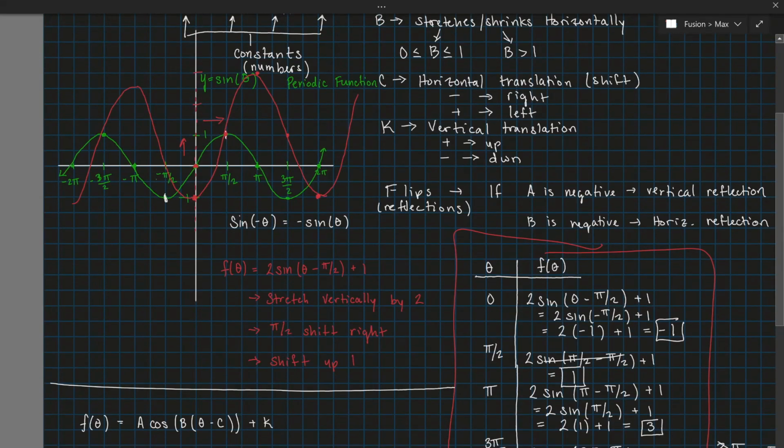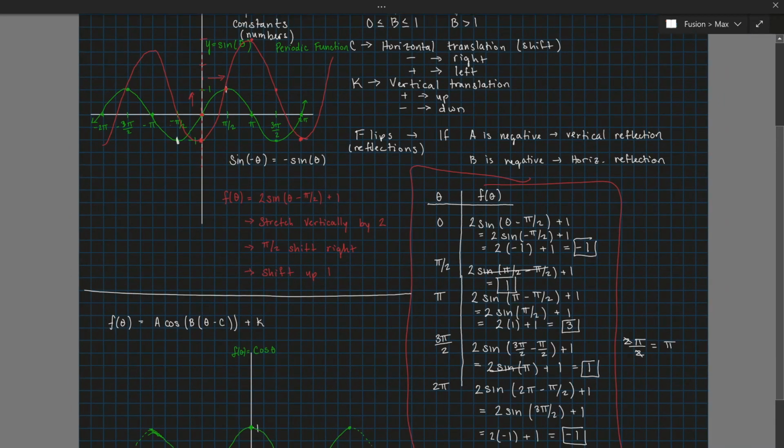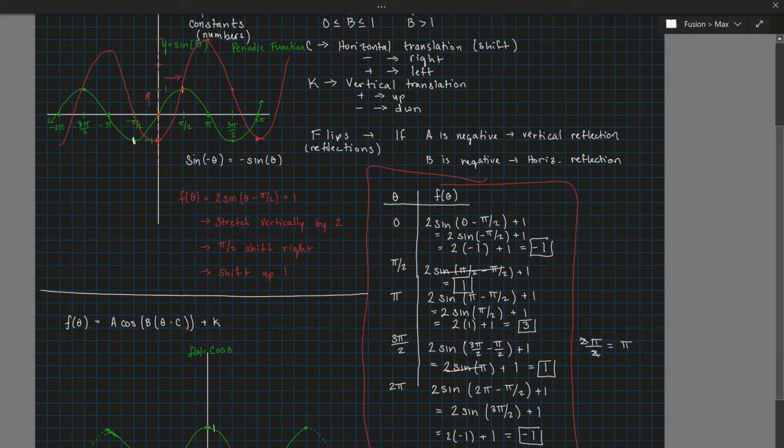So notice, if we took these two plots and looked at them, this sine, the green function up here, starts at 0, 0. It kind of looks like we just shifted this function to the left. And we moved that 0, 0 point to here, negative pi over 2, 0.